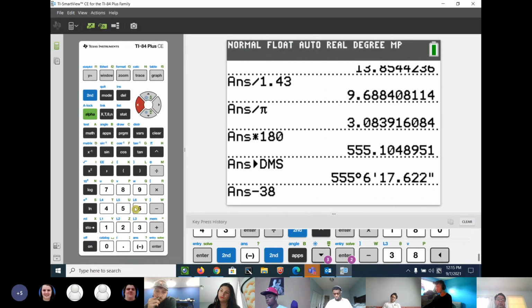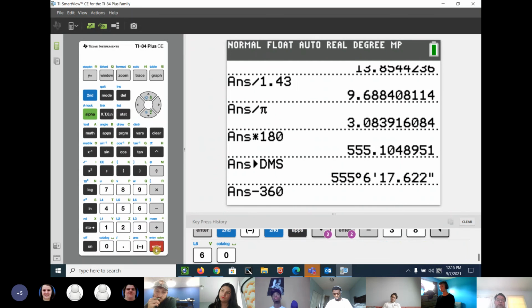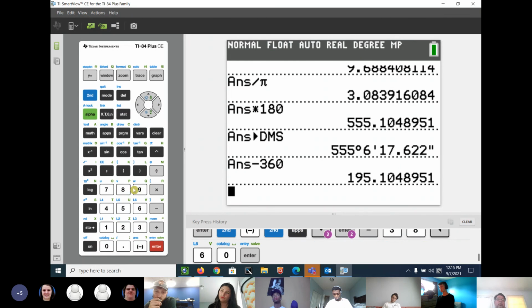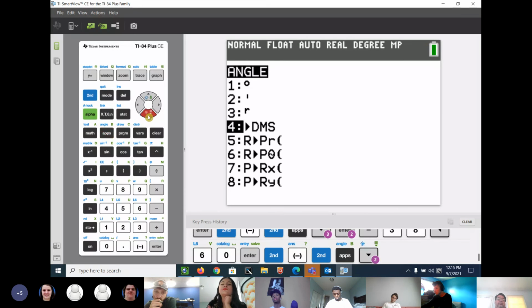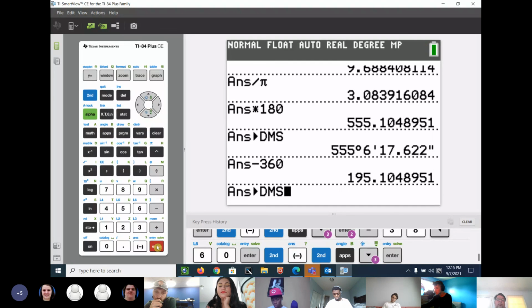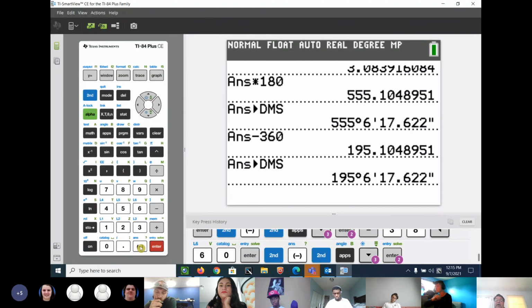The coterminal angle is whatever you say. Yeah. And let's go ahead and change that to degrees, minutes, seconds. 195, 6, 18. Boom.